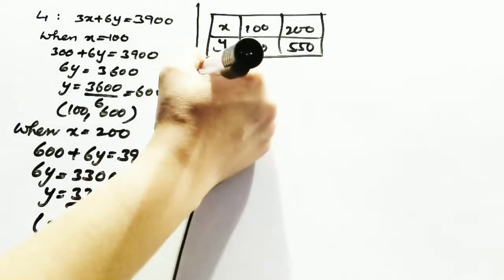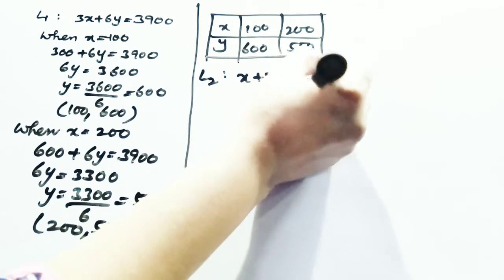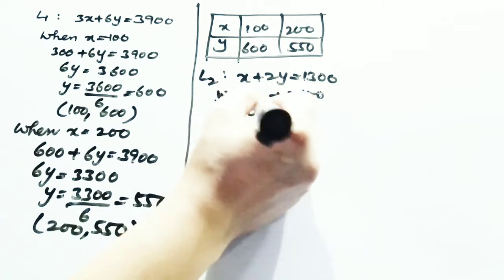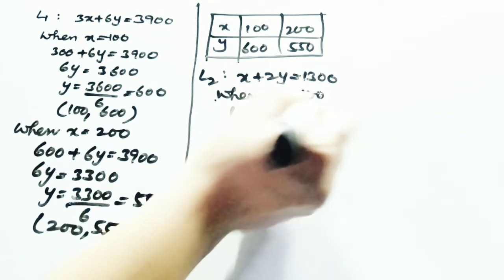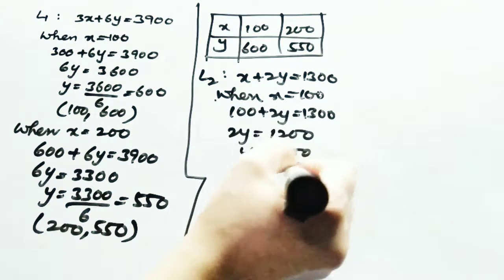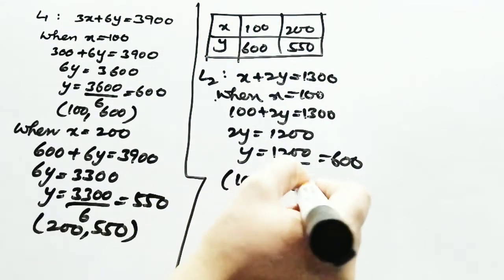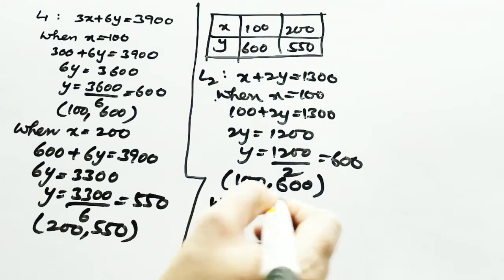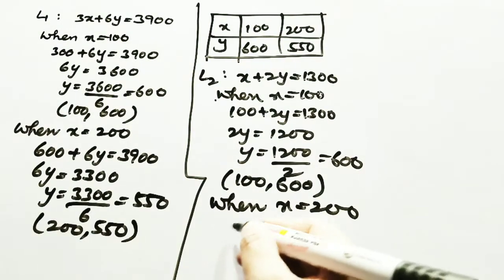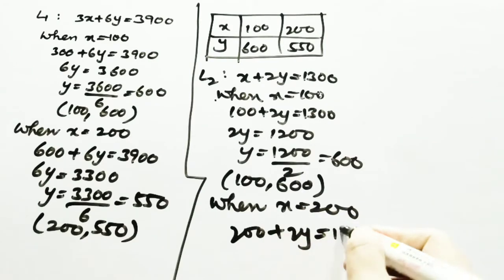Then solve your L2. What is your L2? x plus 2y is equal to 1300. When x is equal to 100, 100 plus 2y equal to 1300, 2y equal to 1200, y equal to 1200 by 2 is equal to 600. So what value are you getting? 100, 600. Then when x is equal to 200, substitute: 200 plus 2y is equal to 1300.